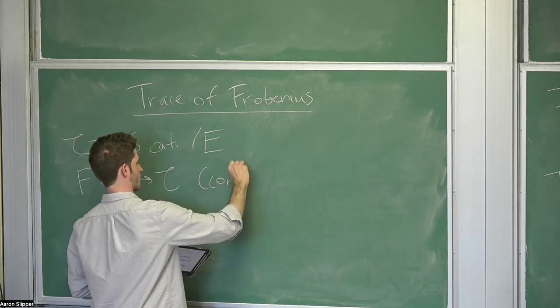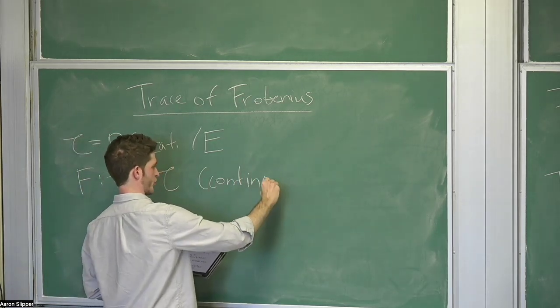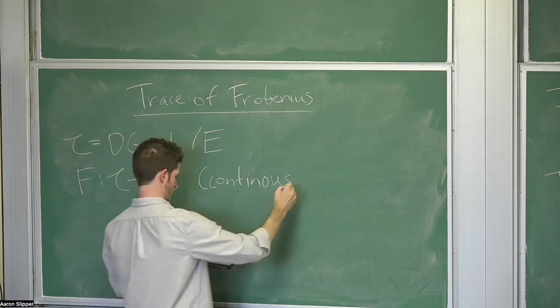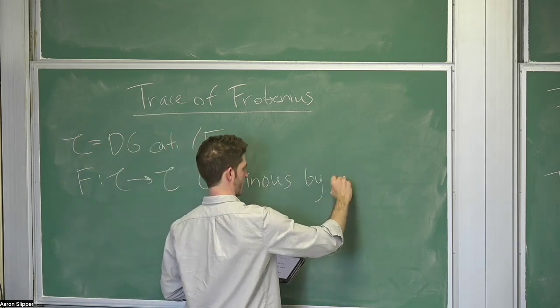Then, since we're in this setting of DG categories stable under direct sums, all functors will be assumed continuous by default.